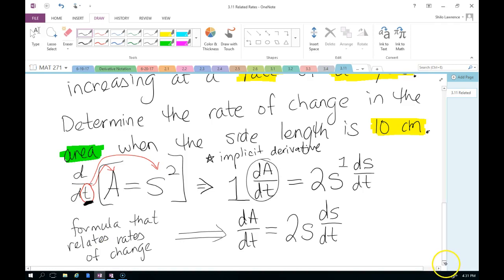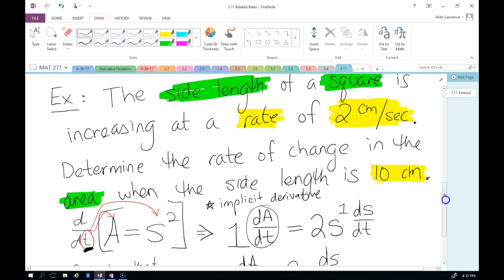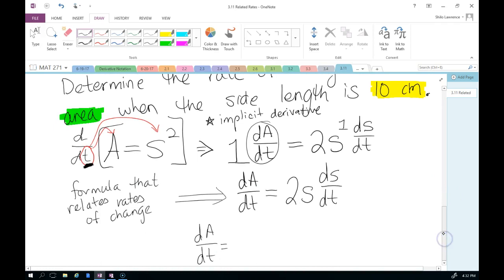And now we can use some of the values they gave us. They said find dA dt, find the rate of change in the area, which is dA dt. If the side length is increasing at a rate of 2 centimeters per second, that is ds dt.